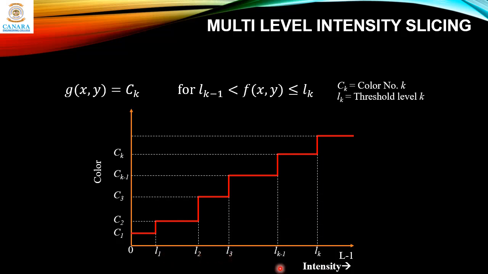We'll use C3 and so on. So we can use as many colors as we want. And for a grayscale, for a 256 level image, we can have 256 colors defined. We cannot have more colors than the 256 levels in this multi-level intensity slicing.